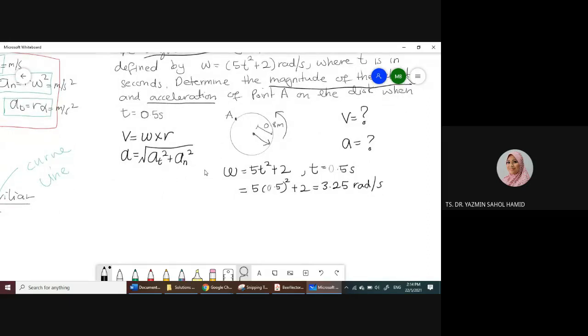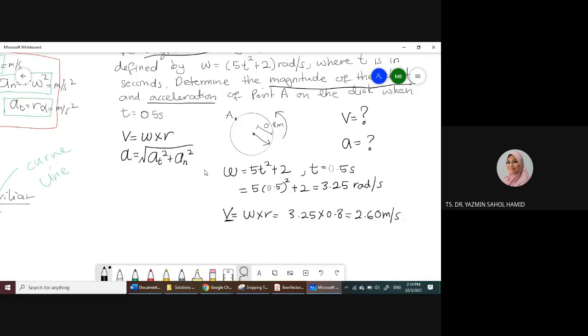Do we have R? 0.8. Very easy. V equals omega times R, so it's just 3.25 times 0.8. What is the answer? 2.6. What is the unit? Meter per second.